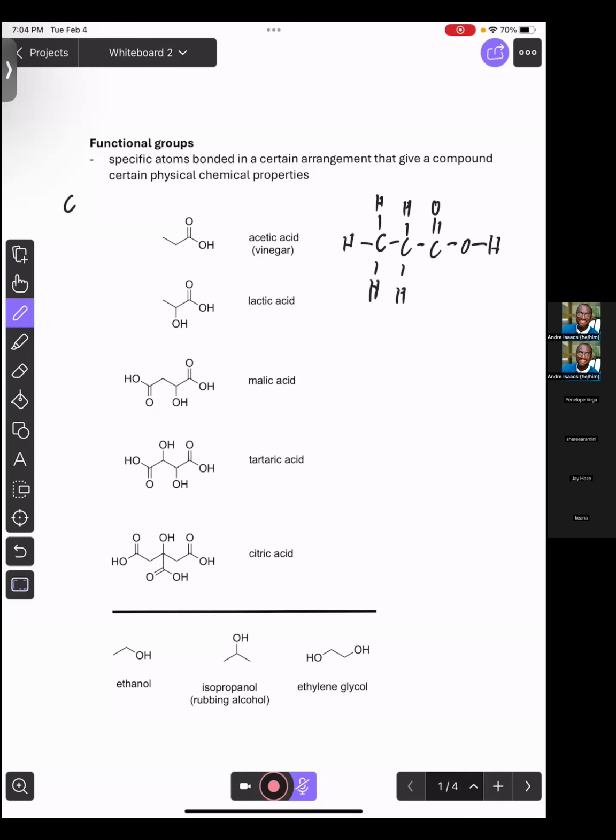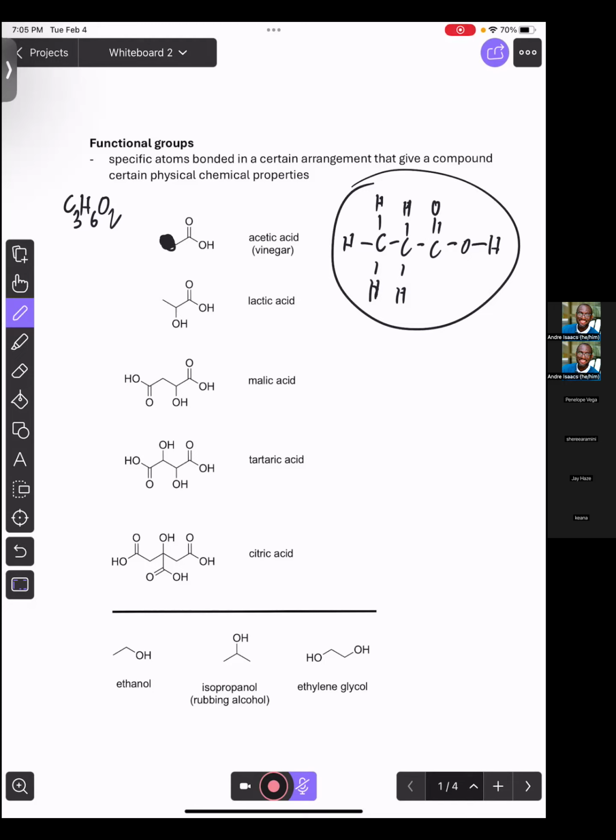And I already see that I've made a mistake in this molecule. My apologies. There is no extra methyl here, so we need to modify this structure. That is not acetic acid. Let us modify this structure to make it look correct.